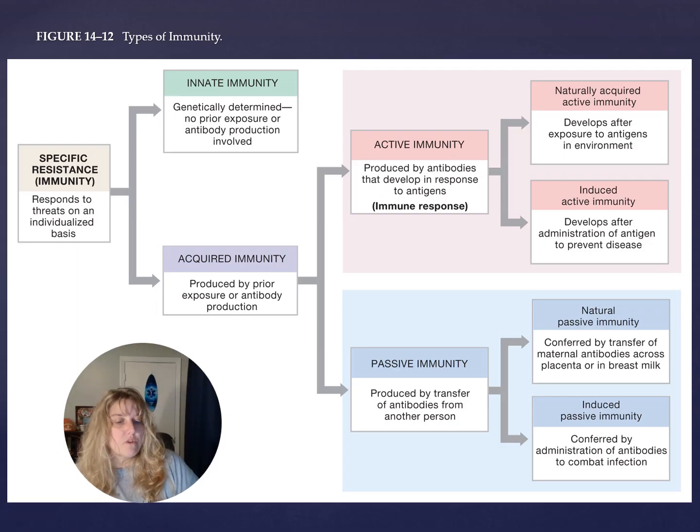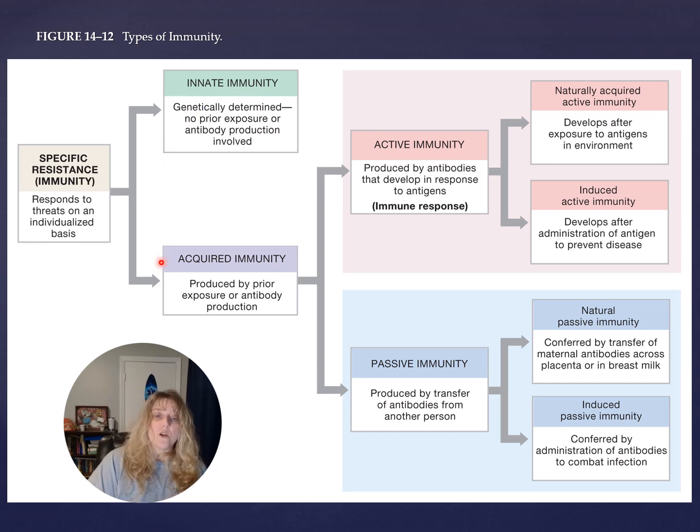So we've already mentioned that when it comes to the specific resistance your body has, you have that innate immunity that was genetically determined prior to birth. It's all about your genetics. You don't have to be exposed to anything. It's just there. It is what it is. Boom, we're done. So that's the simple one.